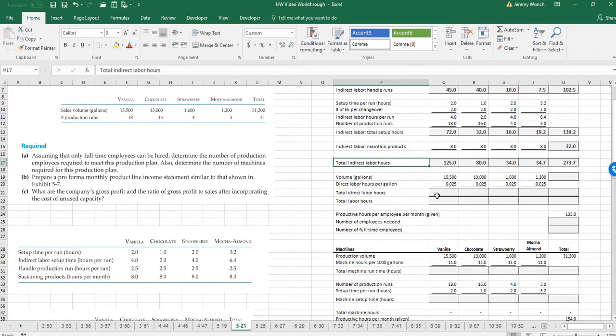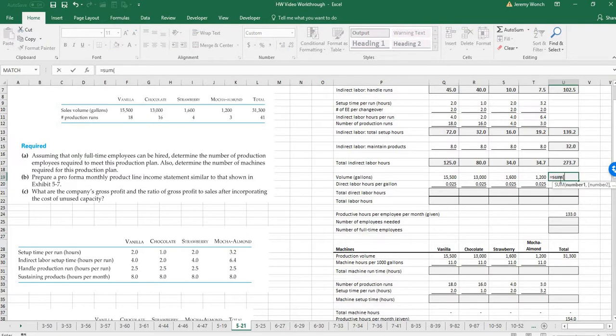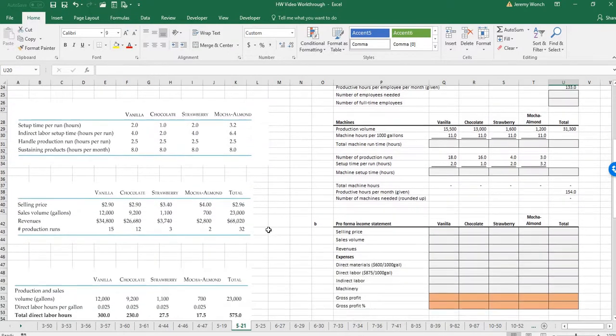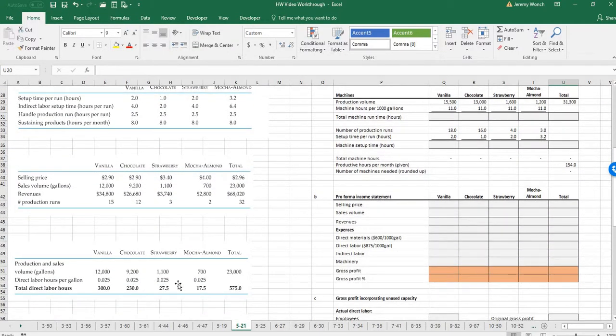Now we want to look at the direct labor. Let's put a sum in right here: the total gallons that we're going to make. The direct labor hours per gallon is given, so that's down here in this table.